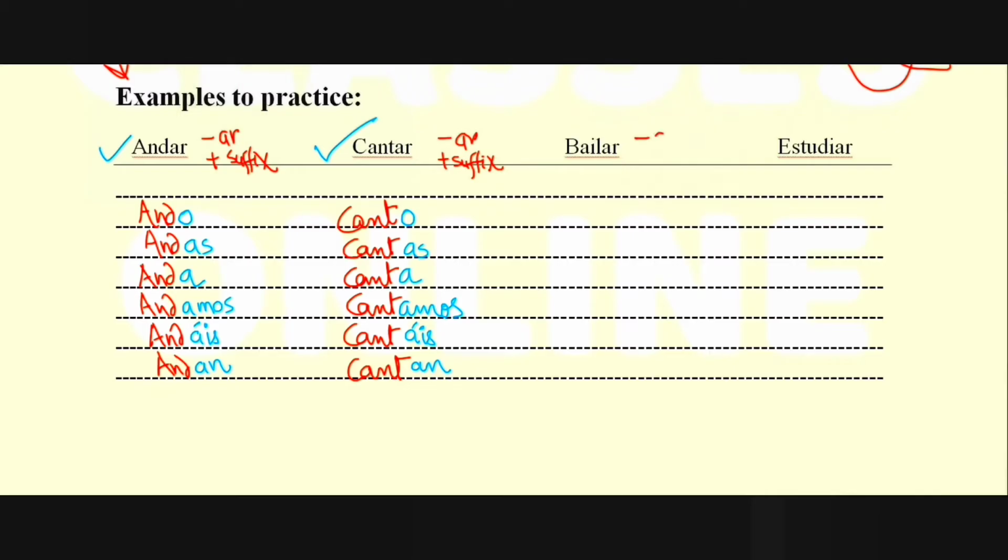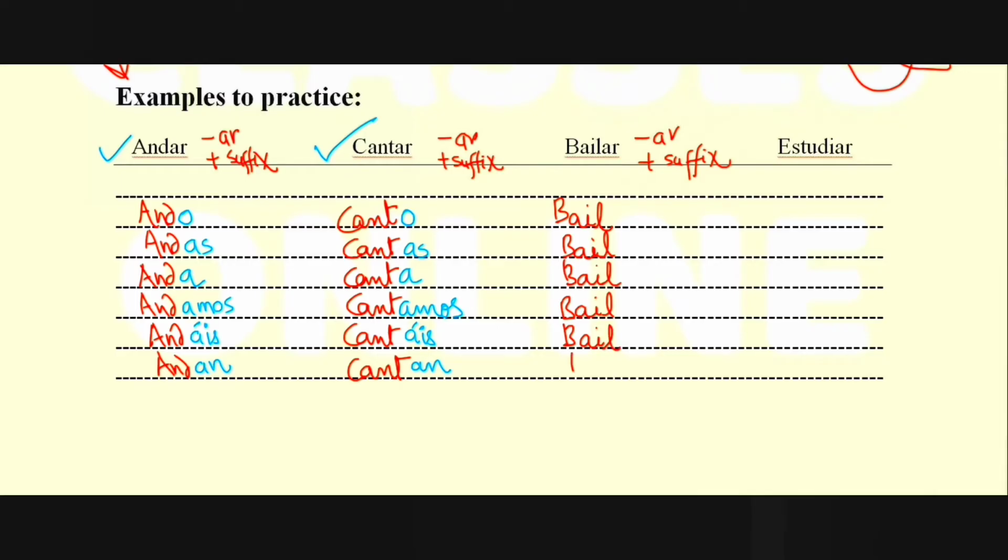Taking another verb, that is bailar. Here also we have to drop ar and add suffixes. But first of all, write root word bail 6 times. Bail, bail, bail, bail. How do we get bail?